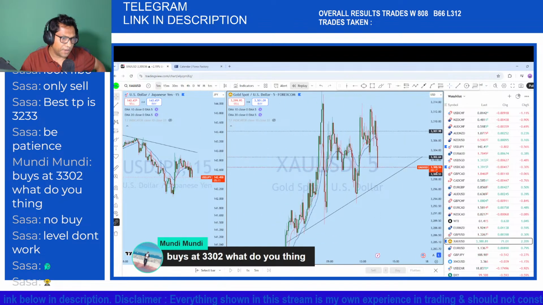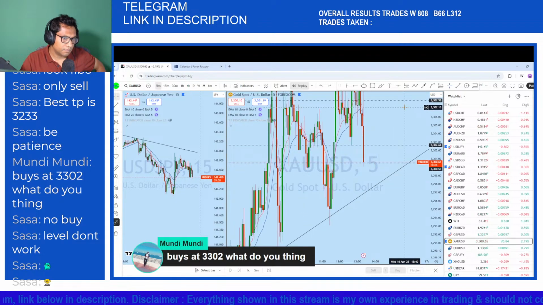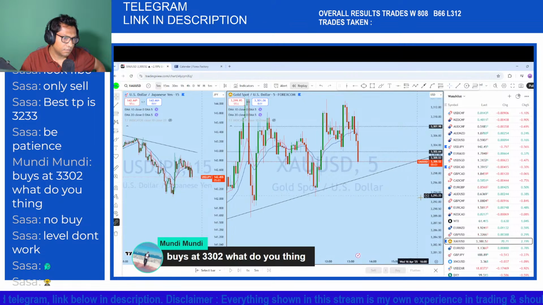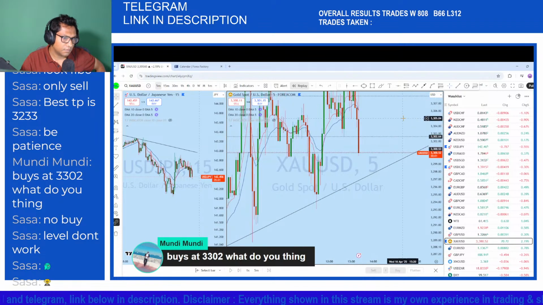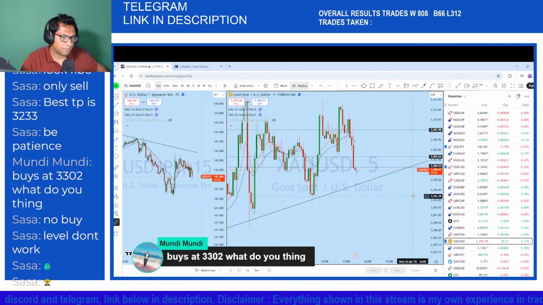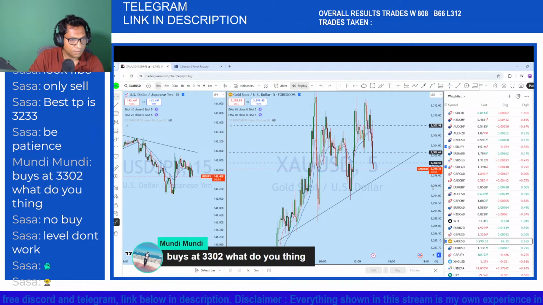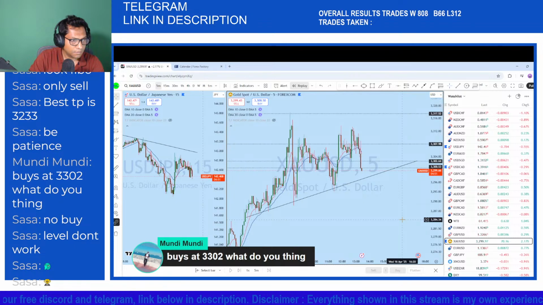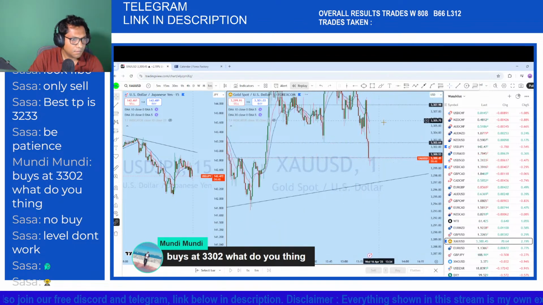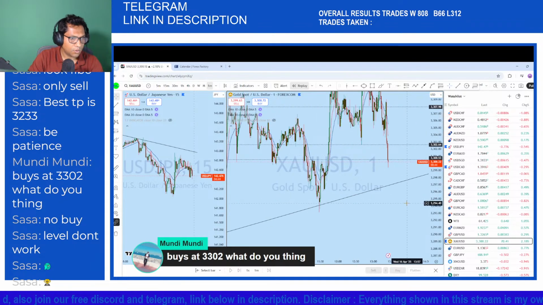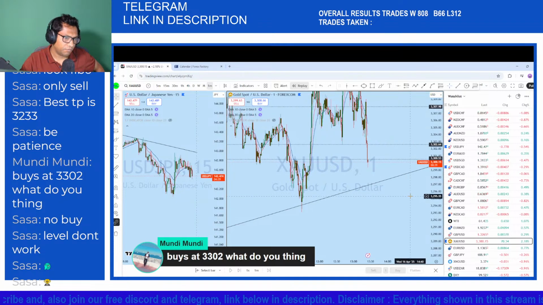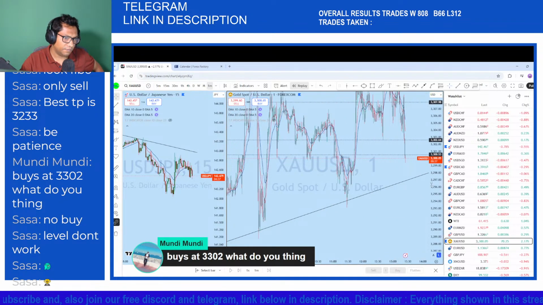It's a complete break below here. But I think a further bearish move is possible here in that area to that support level.